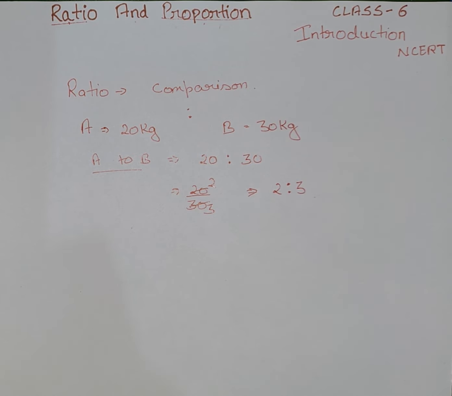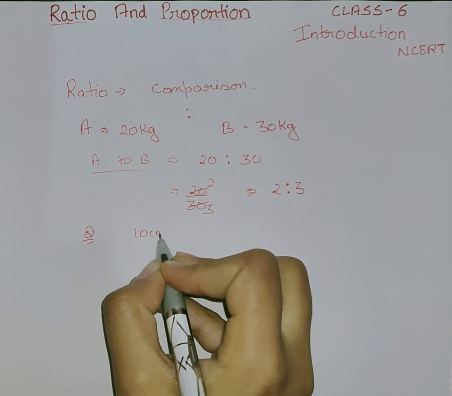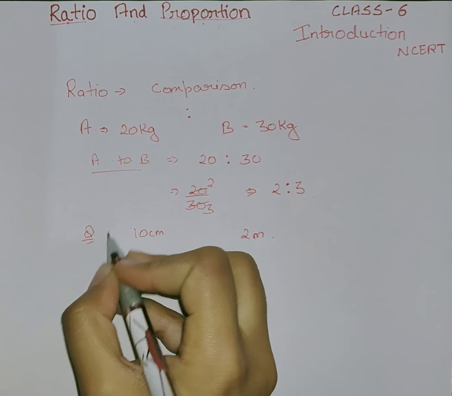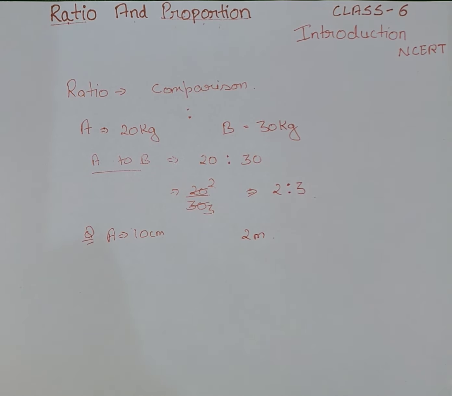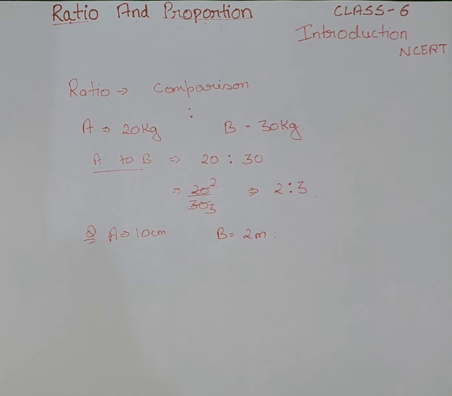Now one more thing you need to keep in your mind. Suppose you are having two things. One is 10 centimeter long and the other is 2 meter long. Suppose this is A. The length of A is 10 centimeter and the length of B is 2 meter.